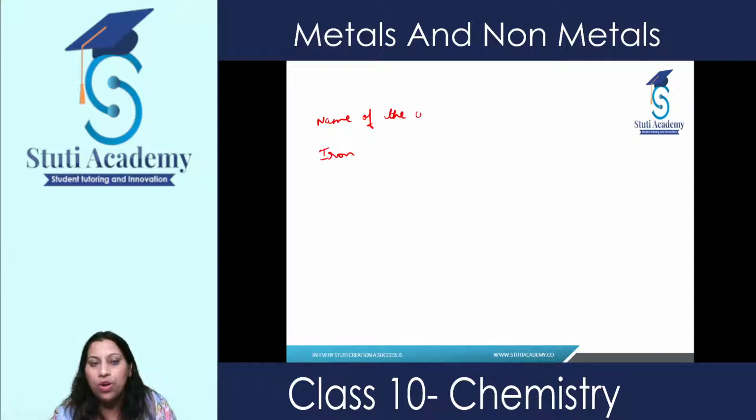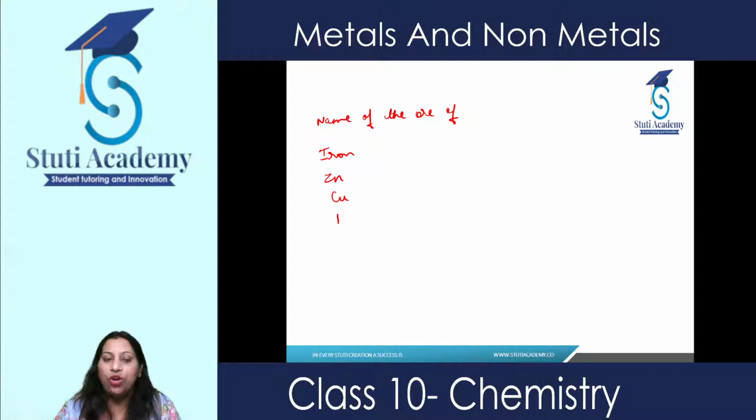Name the ore of iron, zinc, copper, and mercury. So if you know the answer of these metals, the ore of these metals, write down in the comment box. Write down the name of the ore along with their formulas. So these kind of questions can come in exam.